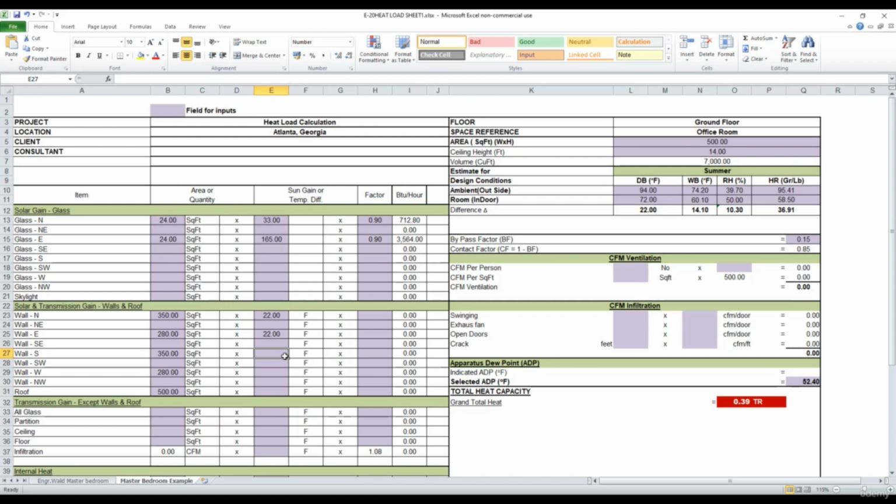So as part of our intuition, we are going to reduce that, let's say to an ambient temperature of 86 F. Now, the difference stands at 14 F. So for the wall with the partition, the TD that we are going to consider is 14 F. But for the roof, the TD is the same as the north and the east wall, that is 22 F.